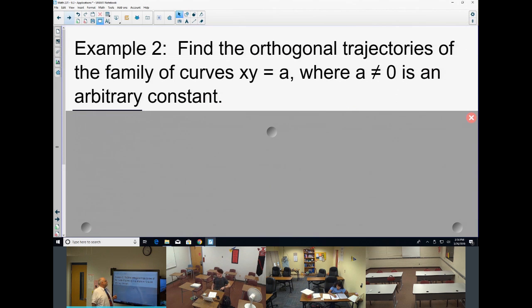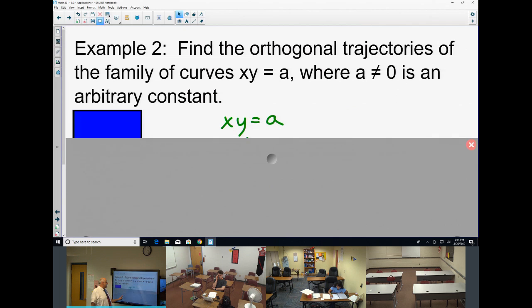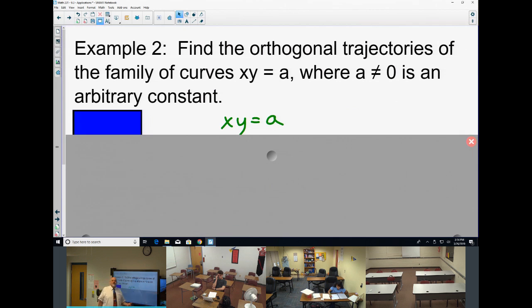Find the orthogonal trajectories of the family of curves xy equals a, where a is not equal to 0 and is an arbitrary constant. Okay, so you have xy equals a. Well, how do you find the slope of a curve?